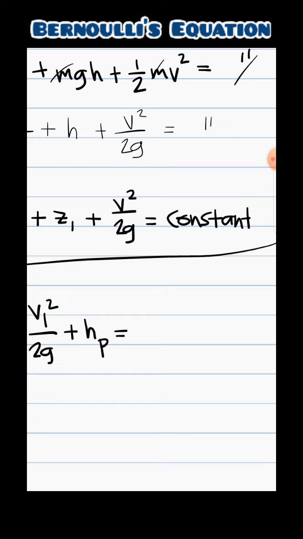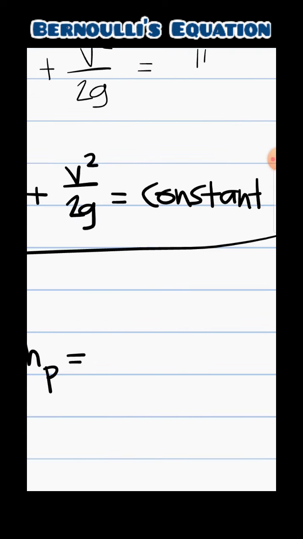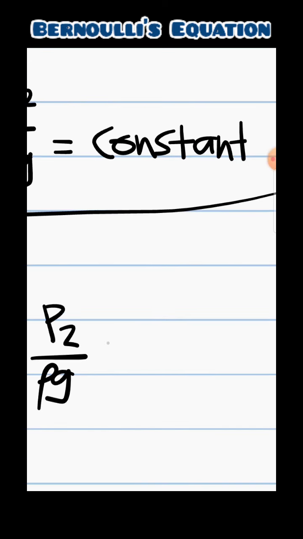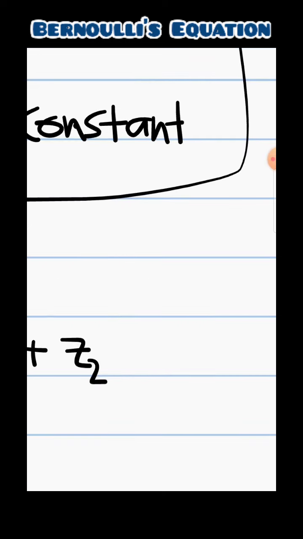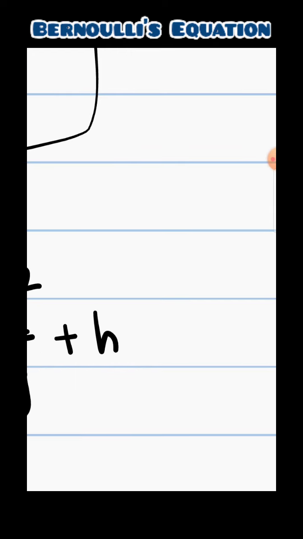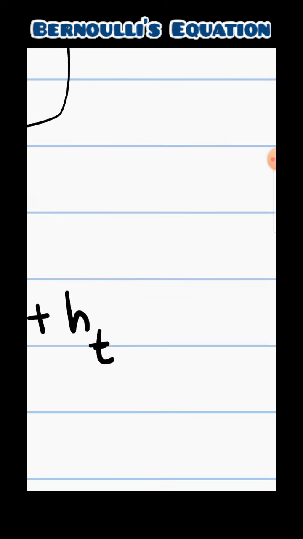If you add energy to the system, most commonly due to a pump, it's going to be equal to the pressure, elevation, and kinetic energy at the second point, plus the head due to the turbine, because a turbine extracts energy and converts it to electricity. That's another form of negative head, and then head loss.